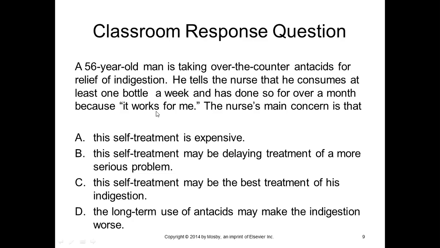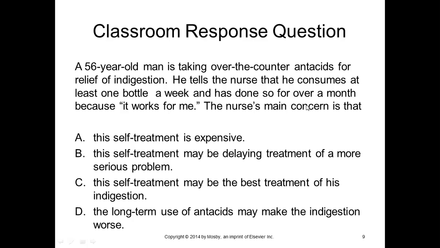Oh my God, it's too much, right? And has done so for over a month because it works for me. So he's a doctor by himself without any certificate, right? So no need for the licensing exam. So it works for me.